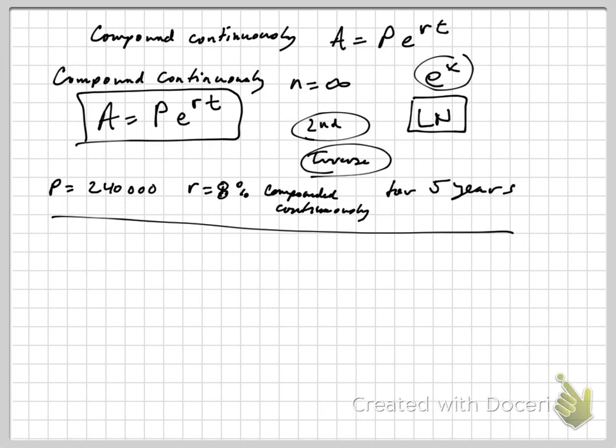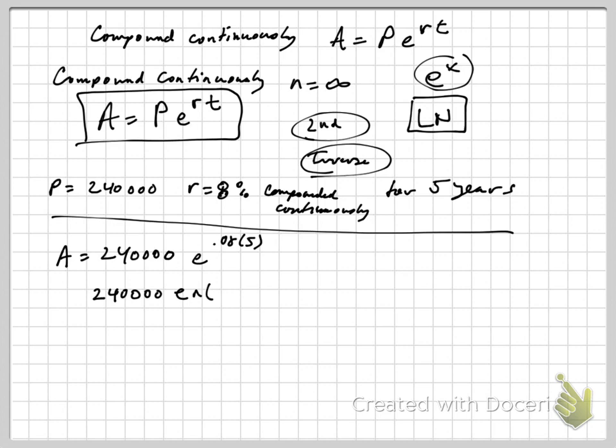I thought I did, but I don't. So let's go ahead and do this. We have 240,000 e raised to the 0.08 times 5 power. And again, if you have a calculator like the one in our classroom, when you hit that button, it's going to give you that automatically.